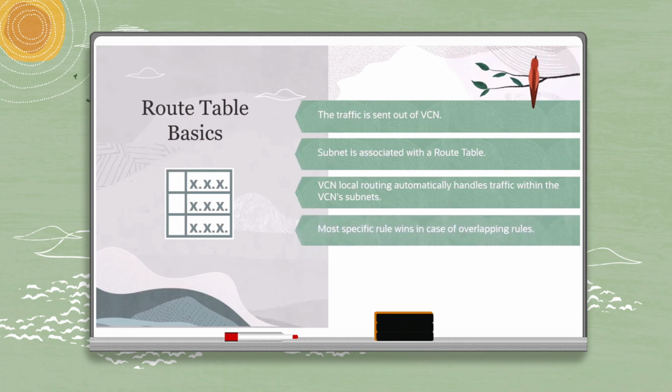This one is again key, and I have to make use of whiteboarding to explain this. How does the most specific rule win in case of overlapping rules? First of all, what is the meaning of most specific? Let me provide you 2 IP addresses.